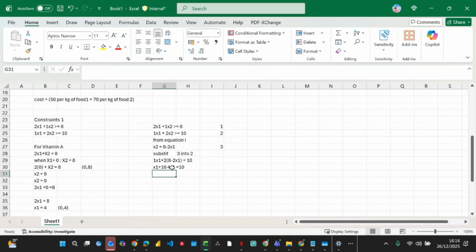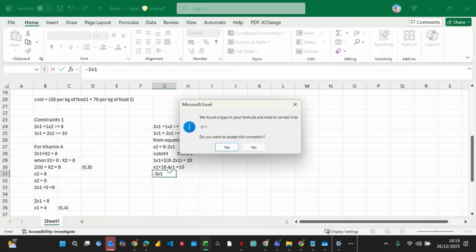So now I want to collect like terms. I already have one x1 here and then 4x1. So this should give me minus 3x1 because 1 minus 4.